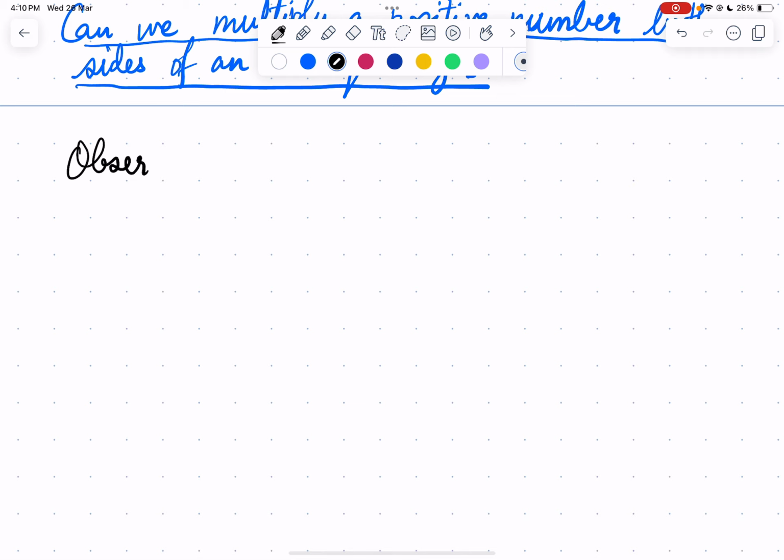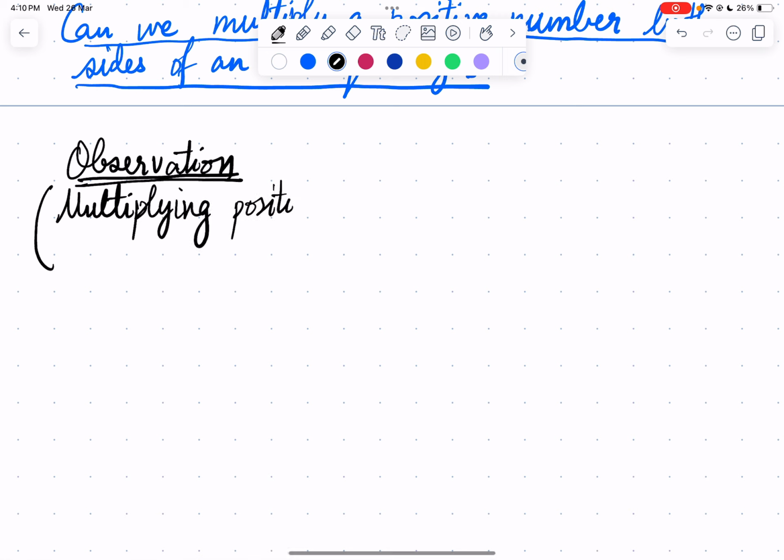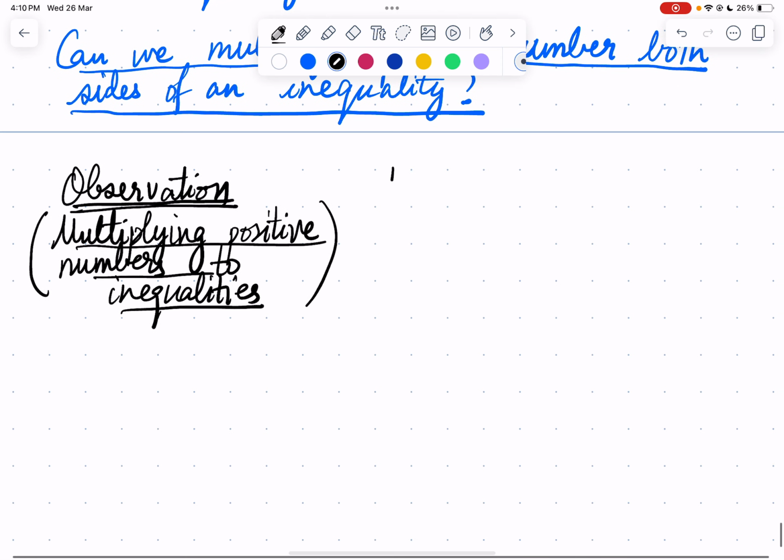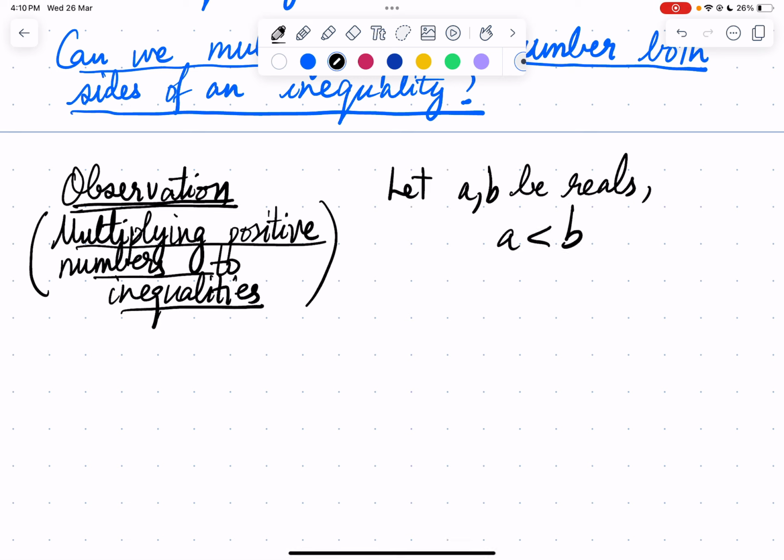So here's the observation: multiplying positive numbers to inequalities. Let A, B be reals and A is less than B. Let C be a real and C is greater than 0, C is positive.